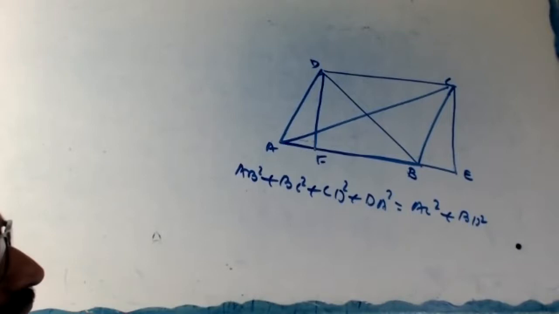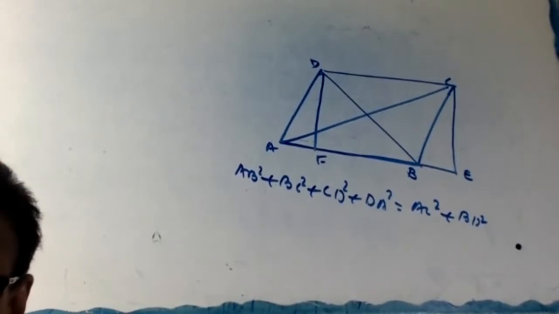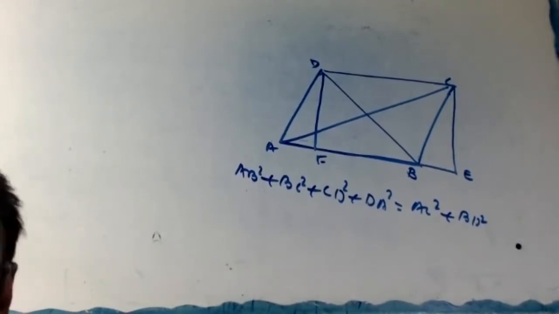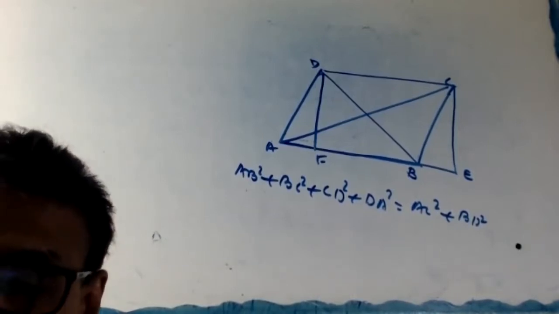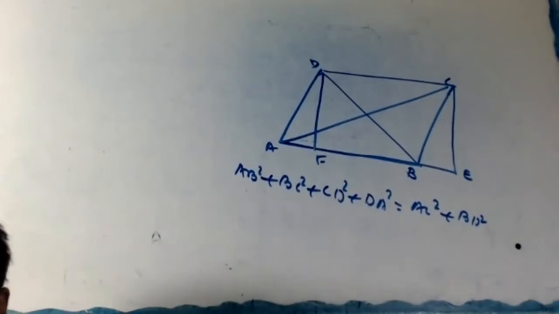Maybe it is a rectangle, but I don't know. How do you know it is a rectangle? Yes, perpendicular distance, that is correct. Perpendicular distance between the parallel lines. Correct, write that. DF equal to CE, perpendicular distance between the parallel lines.